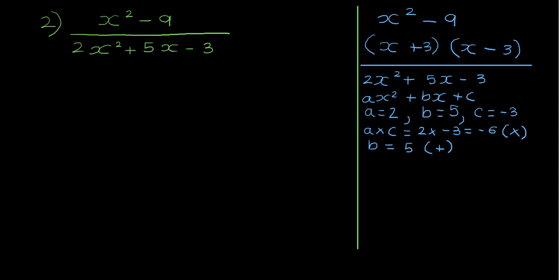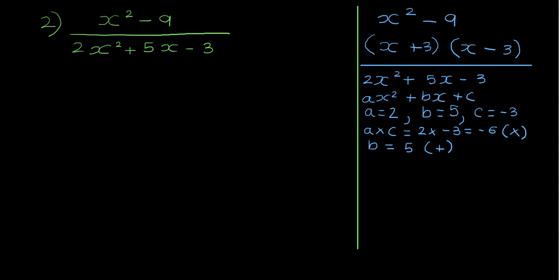Okay, how do you then think which is the bigger number? I know two numbers are multiplied to give me minus 6. One has to be positive, the other one has to be negative. But both of those numbers have to add up to give me the number 5. So the numbers I can think of are 6 and minus 1. 6 times minus 1 is minus 6.